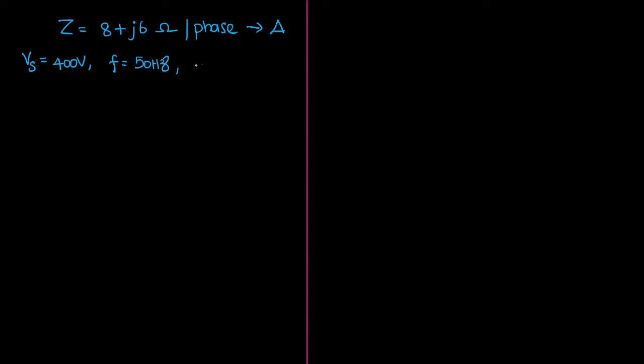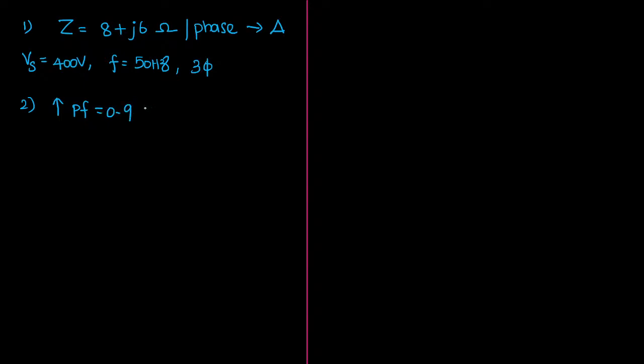Three-phase system. Of course, it is three-phase system only. Three-phase system supply. If the input power factor is to be improved to 0.9, this is the actual system. Now here, they are improving the power factor of the input to 0.9.